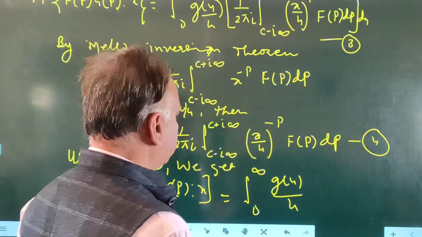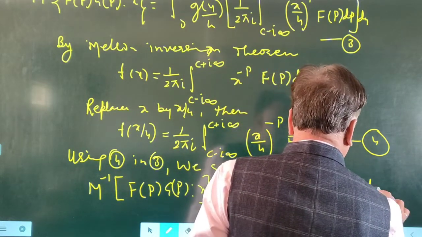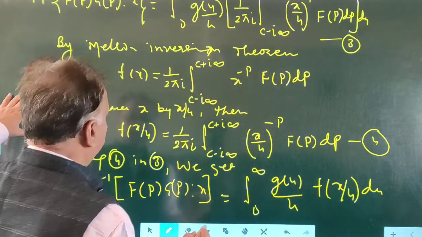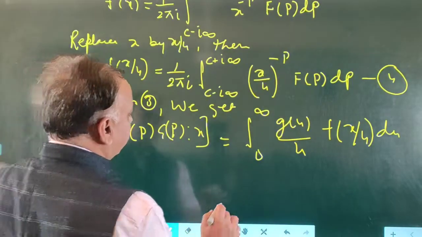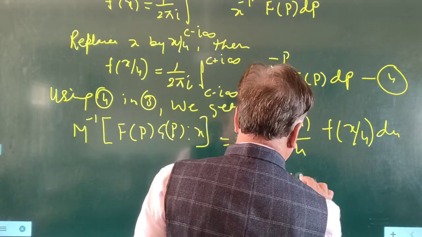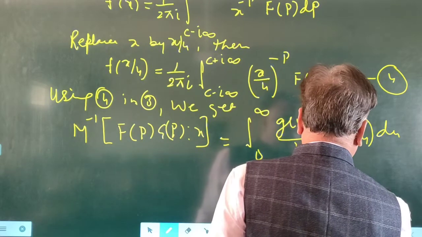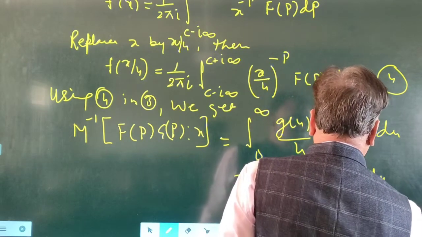By 4, this is equal to f(x/u), and this can be written as the integral from 0 to infinity of f(x/u) g(u) du/u.